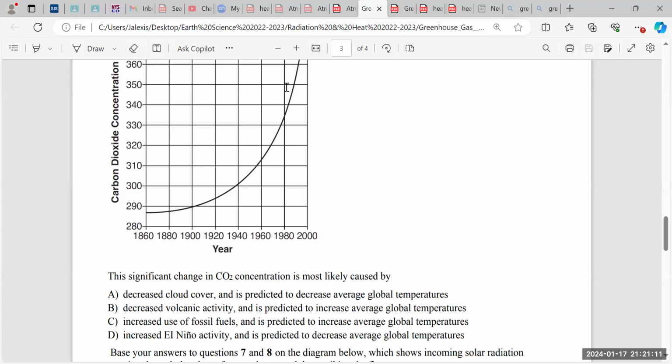And if you have more greenhouse gases, the earth is going to get warmer and warmer. That's why the answer is choice C.